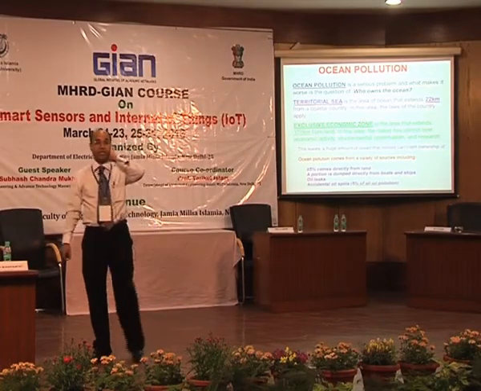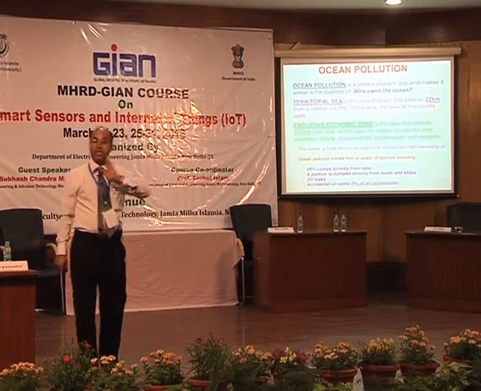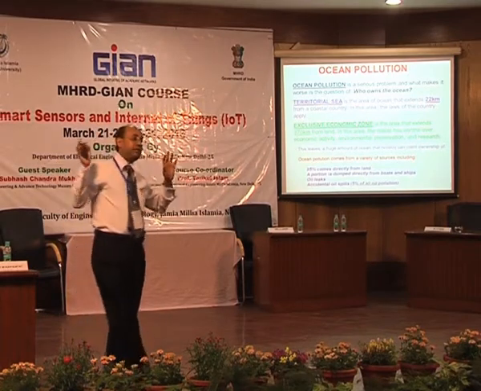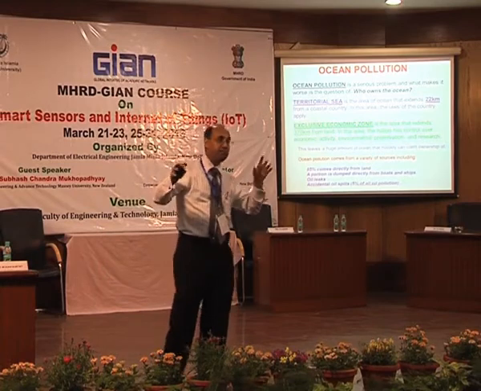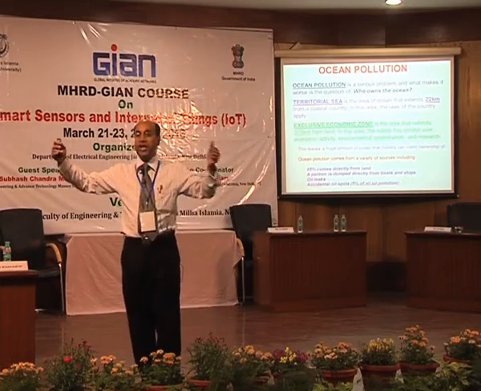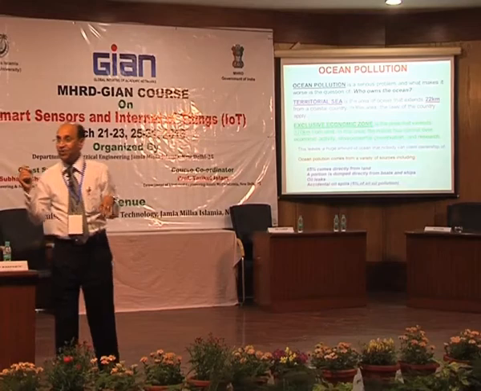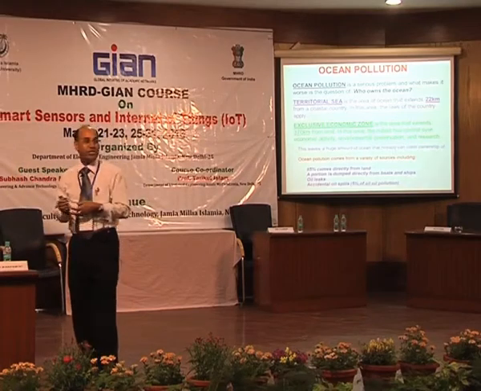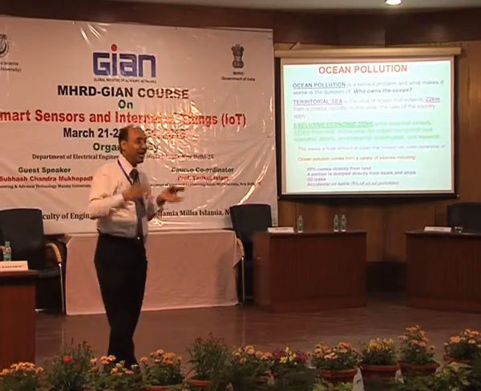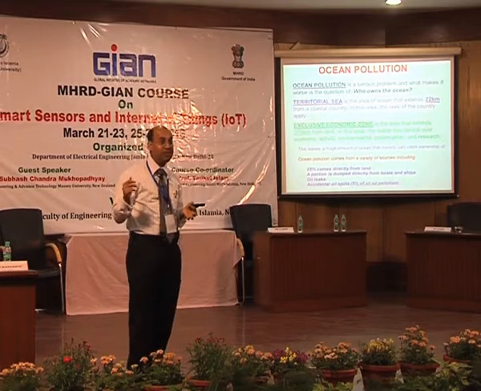And the next topic is coming, ocean pollution. Usually pond, river, lake, they are within the country, so they are polluted by the inhabitants of those countries. But if you think of ocean, of course, we have only 3-4 oceans, which are not under the control of any specific country.